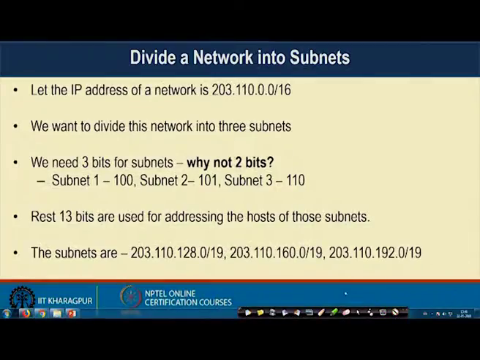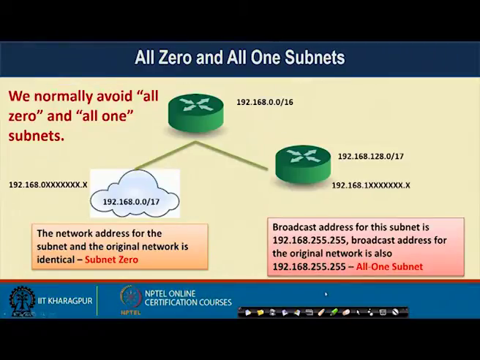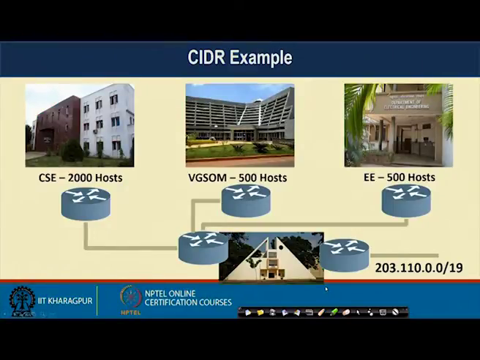Now, let us see another concrete example of CIDR. I have taken a scenario of IIT Kharagpur. This is our Computer and Informatics Center. Our CIC has taken an IP pool from APNIC. Say the IP pool they are getting is 203.110.0.0/19.